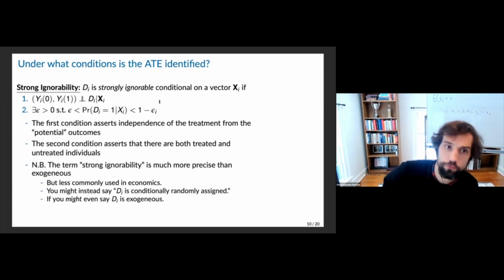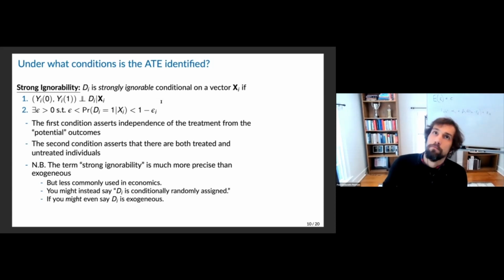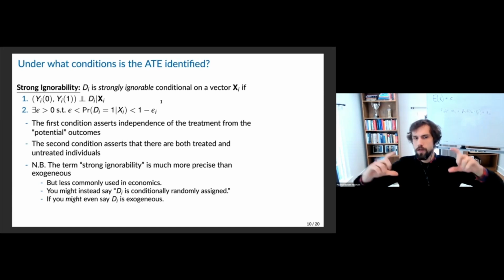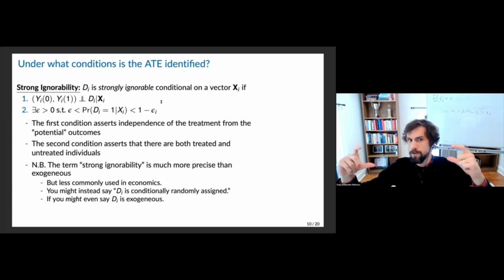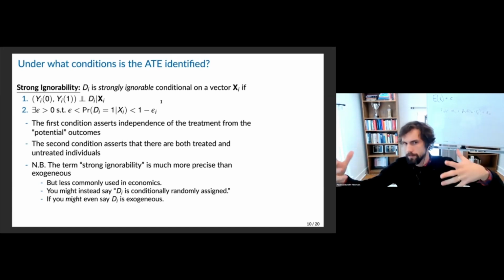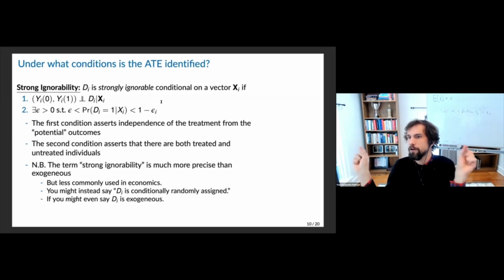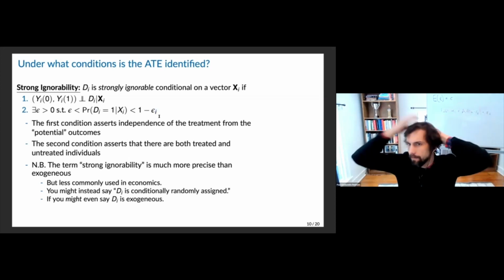The second term of strong ignorability, I don't want to say it's philosophical because it's not. It's obviously necessary, but it says that there exists an epsilon greater than 0 such that the probability that you get the treatment conditional on your xi is bounded away from 0 and 1. So it's greater than epsilon and less than 1 minus epsilon. What is that saying?